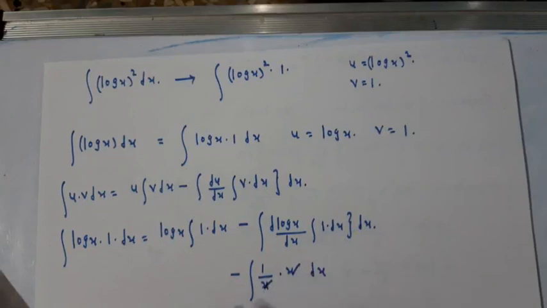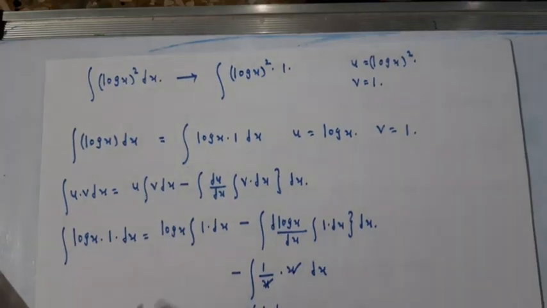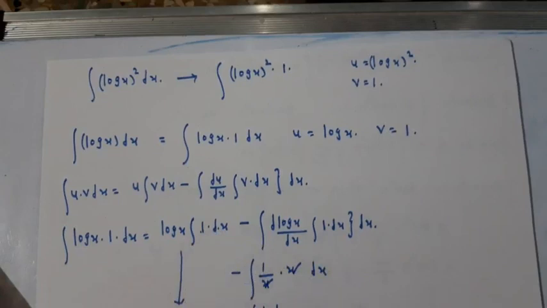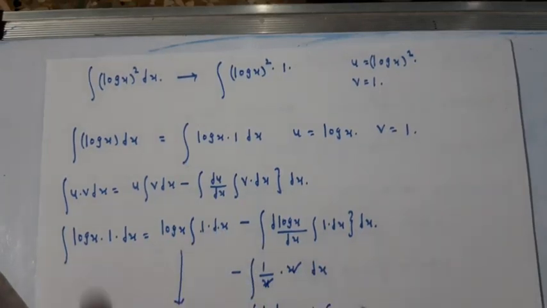So here x gets cancelled, and minus integration of 1 with respect to x, and this is equal to log of x as it is, and integration of 1 with respect to x is x, plus constant of integration c.